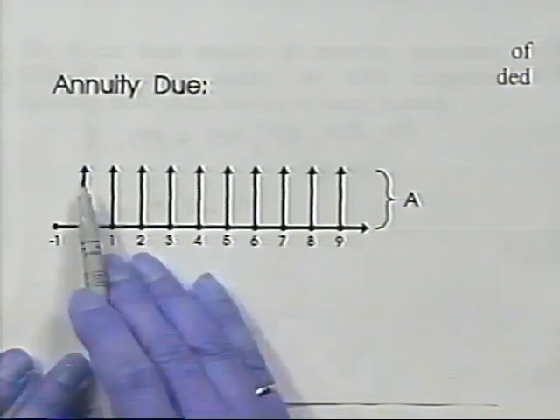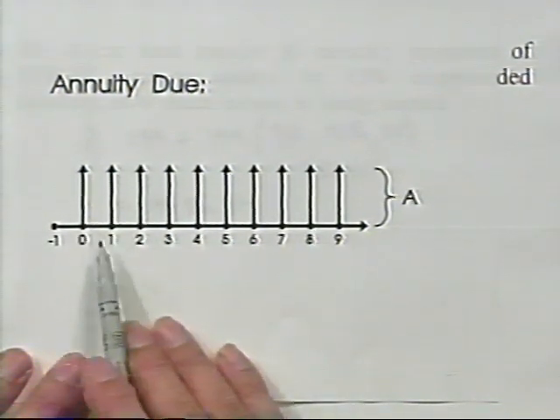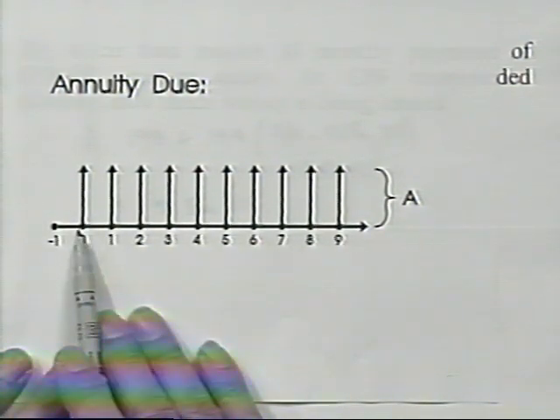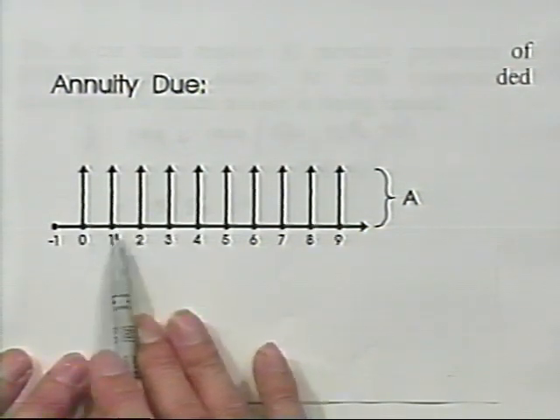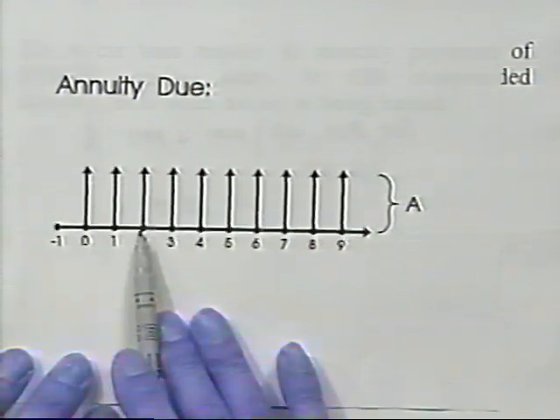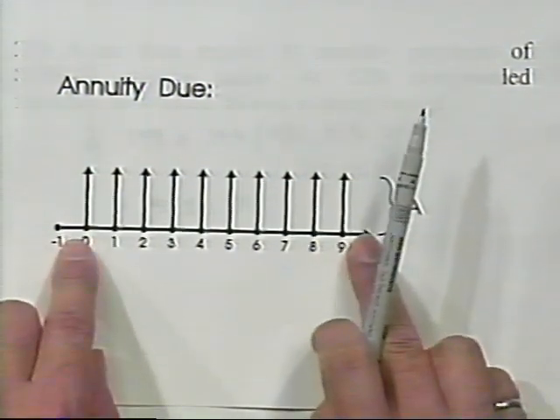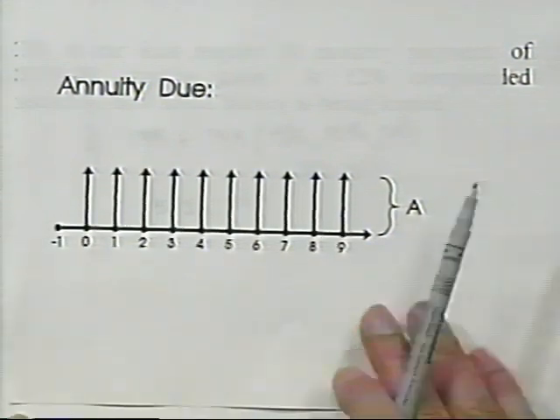If we took each of these payments, every single one of them, and moved them forward in time 1 year. So this payment, we found an equivalent payment 1 year in the future. And for this one, we find an equivalent payment 1 year in the future for it, and so forth. That would convert this annuity due into a standard annuity over the 30 periods.